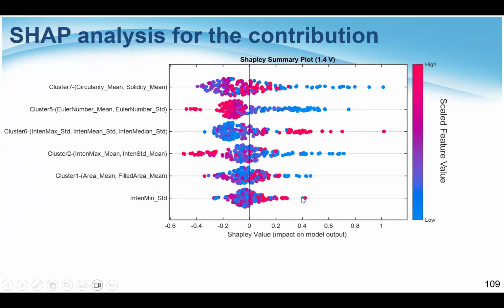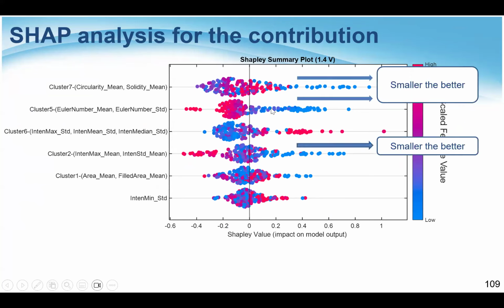Then we did a SHAP analysis and clearly showed that for the first, these three, blue is coming here. So for these values, smaller is better. And for the third one, larger is better for the PC performance.